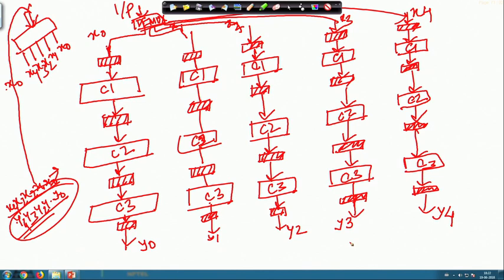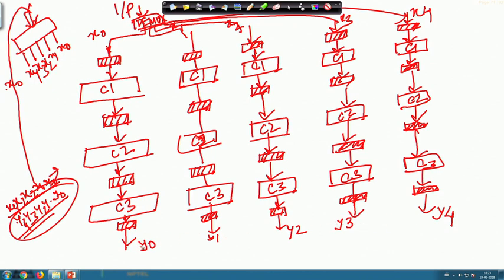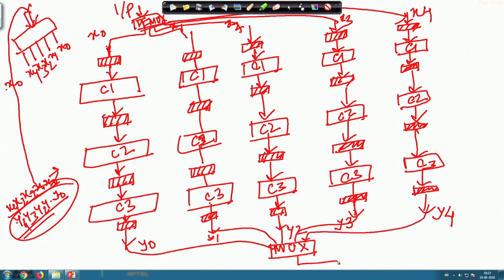A multiplexer does the same: it takes several inputs and produces one output. So at the output I will require one mux, where each of these outputs will be connected to these blocks and it will produce one y, or yn.